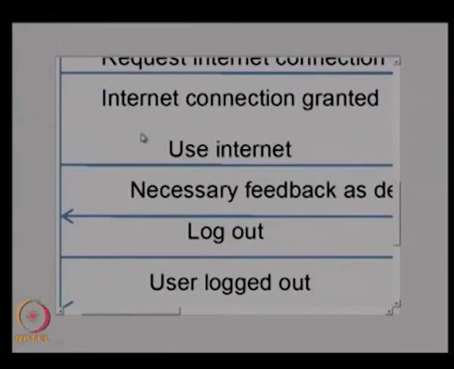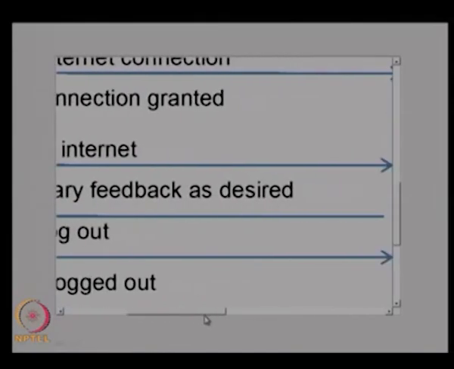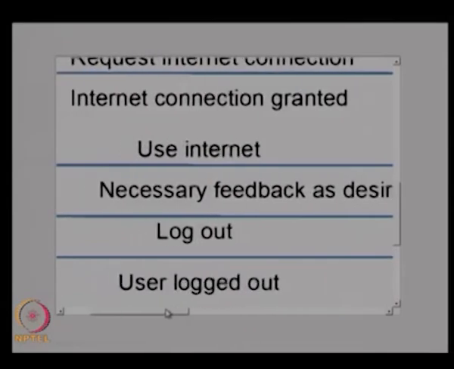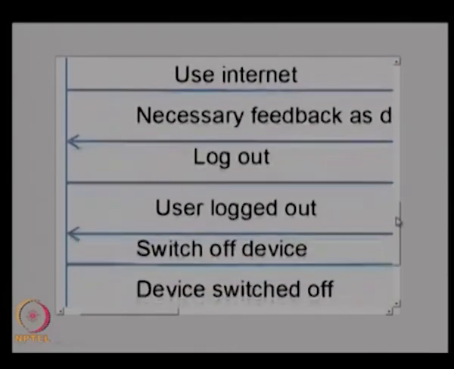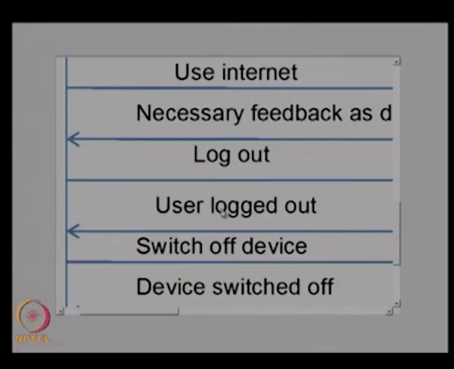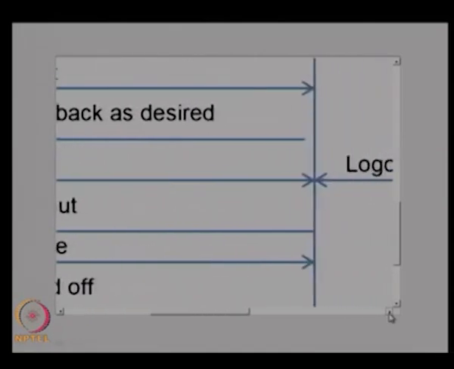Then, using the net by the user, feedback will be there about the desired functions in the internet, whether he wants to do any particular activity, and once he completes the activity he will be logging out, and then there will be a feedback that the user is logged out, then you can switch off the device.